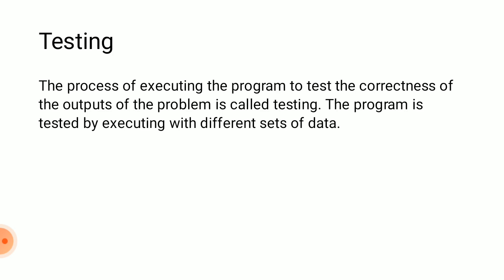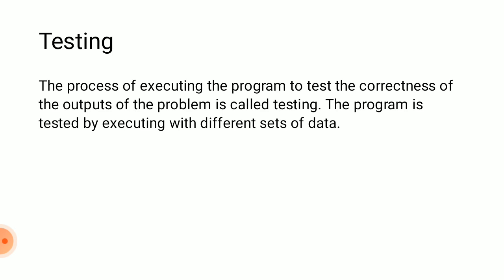Testing is the process of executing the program to test the correctness of its outputs. Whatever code you have written should always show the correct result. If you write 2 plus 3, it should show 5. If you write 2 into 3, it should show 6.